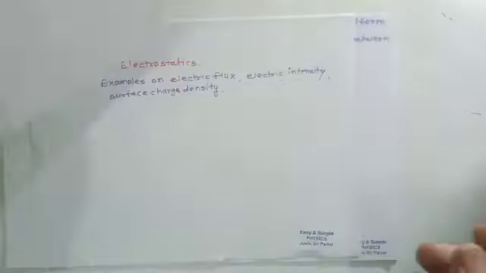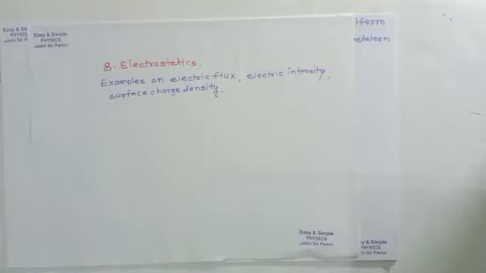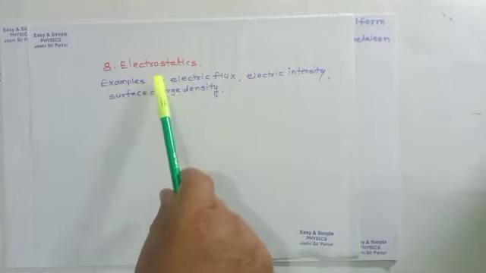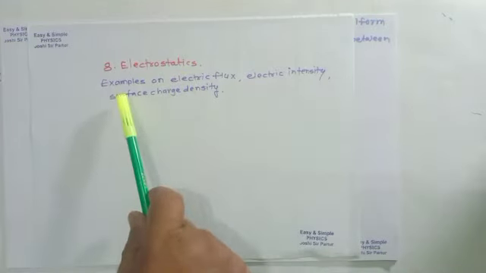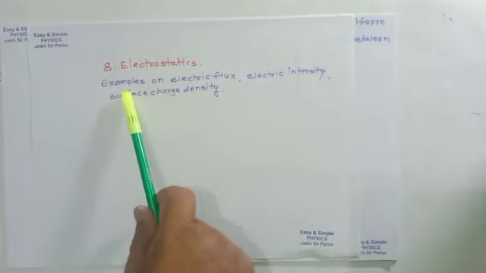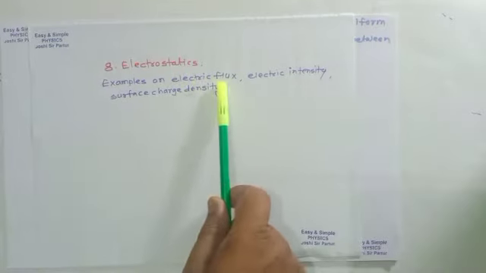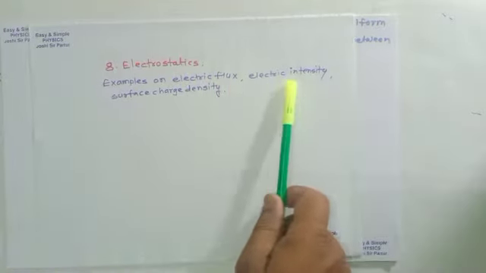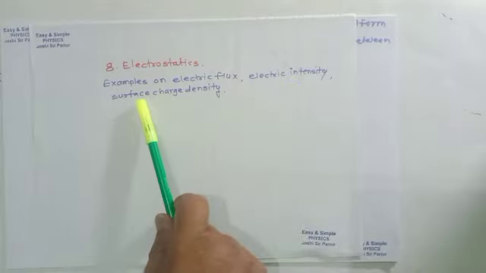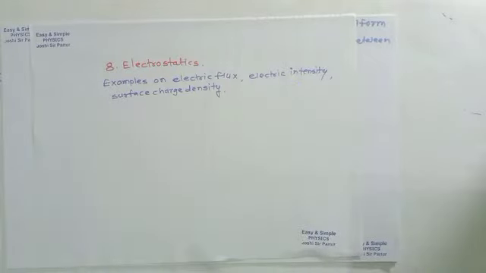Today we have learned chapter number 8, electrostatics. In this chapter we have seen examples on electric flux, electric intensity, surface charge density.